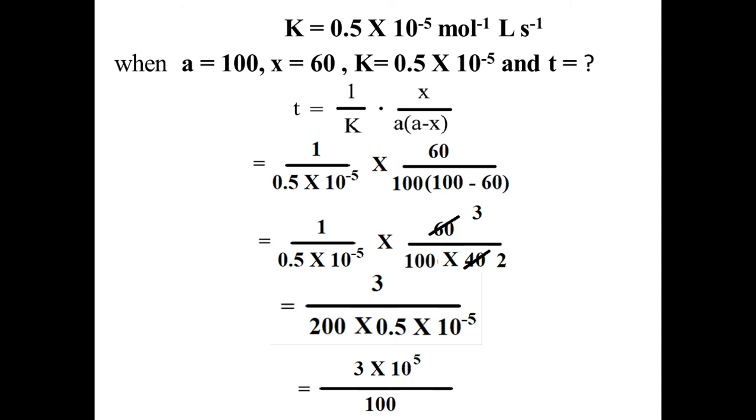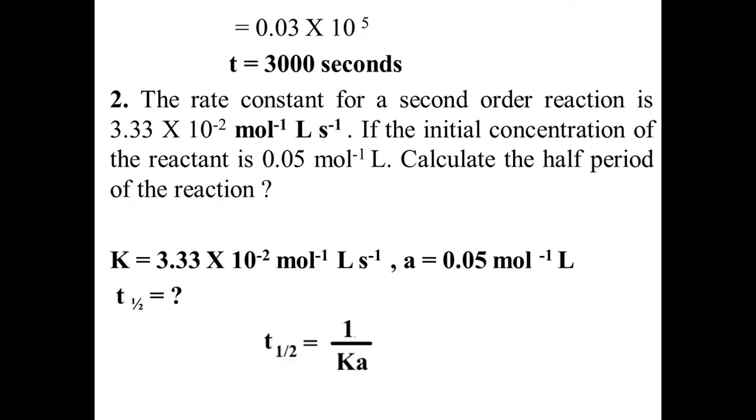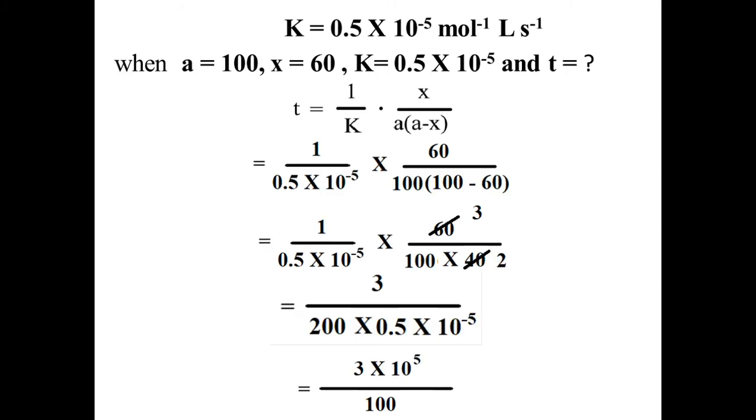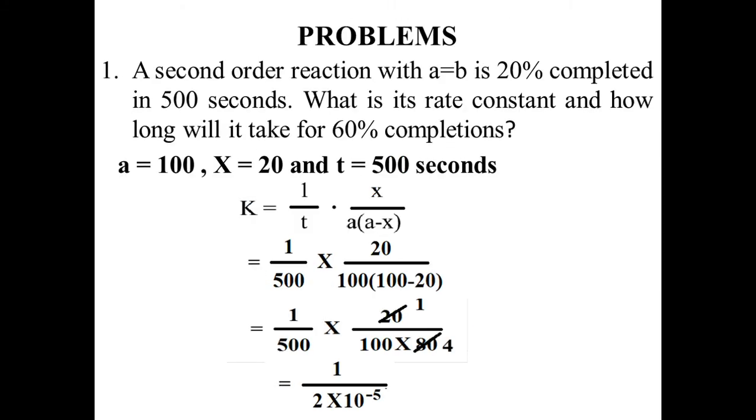By dividing 3 by 100, it gives 0.03 into 10 to the power of 5. Then the t value is t equals 3000 seconds. This is the problem of second order. Here k has been calculated and t also has been calculated.